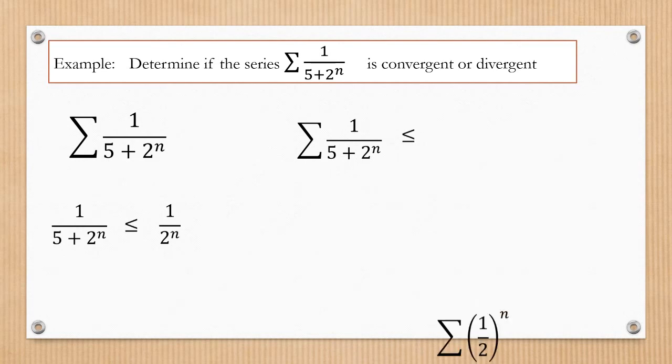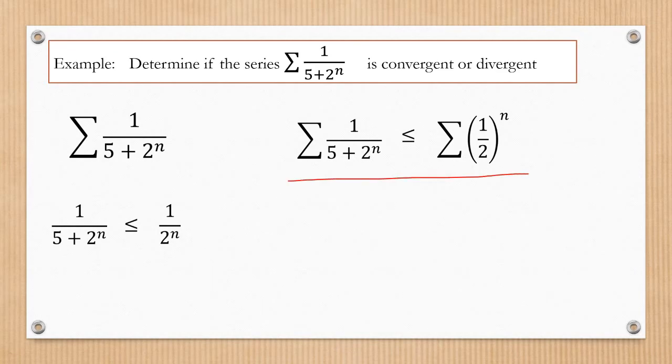Now, this is also equivalent to the series of 1 over 5 plus 2 raised to n is less than the series of 1/2 raised to n. These two are just equivalent. We can also write 1 over 2 raised to n as 1/2 raised to n. They are equivalent.